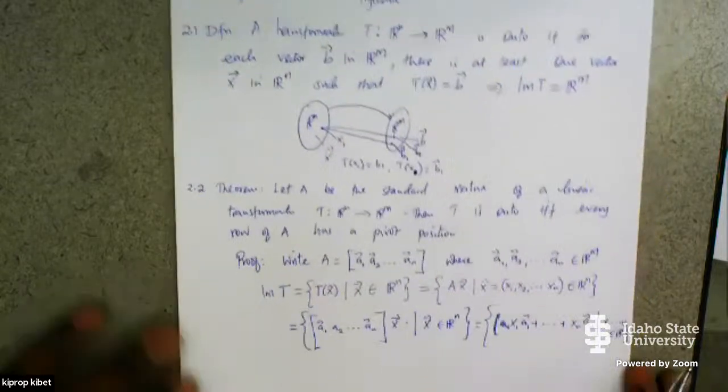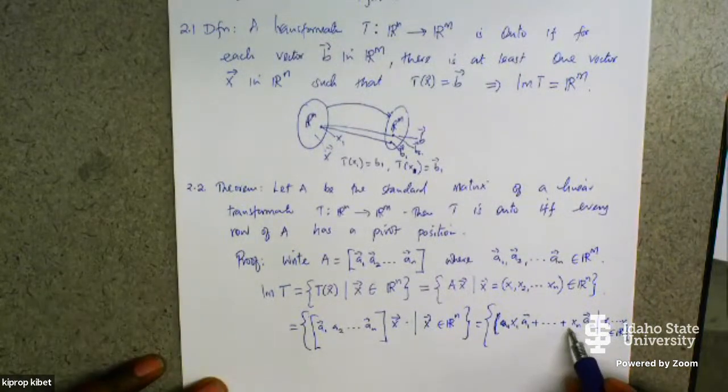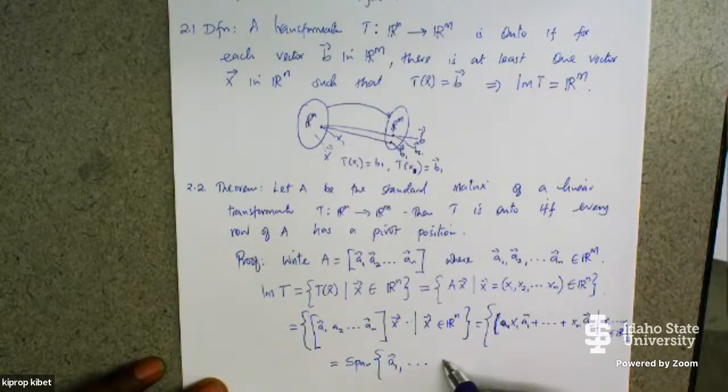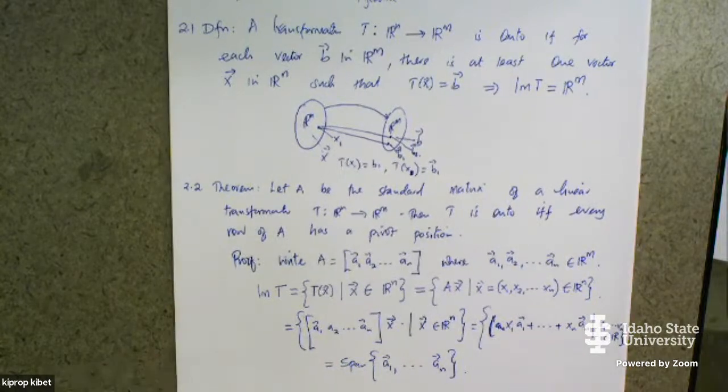So therefore, if we still remember, this can be written as the span of what? Since this one is a linear combination, it is the span of A1 all the way to An.